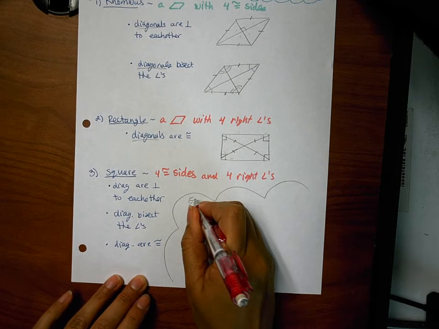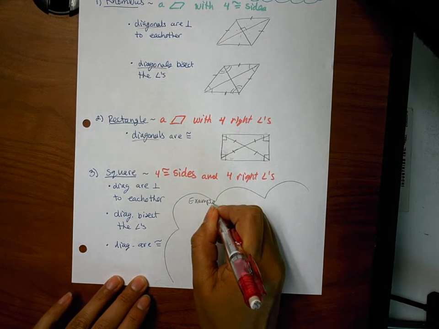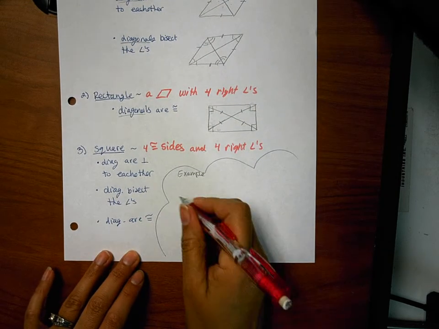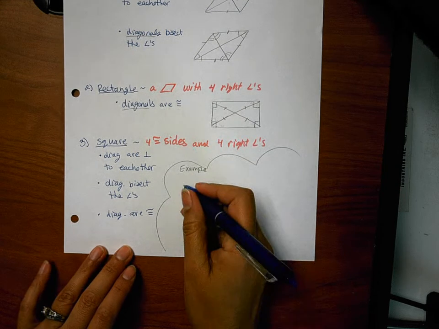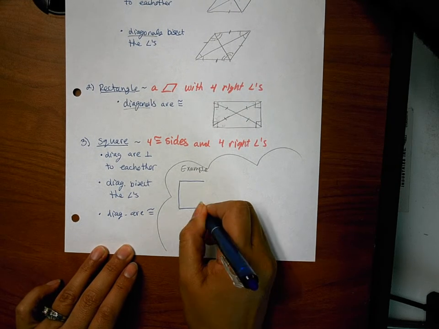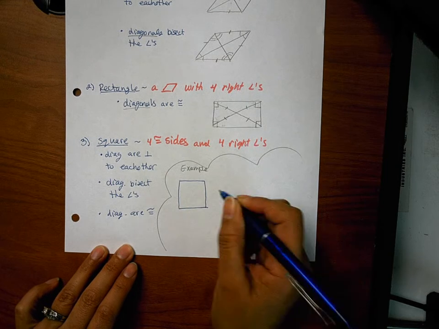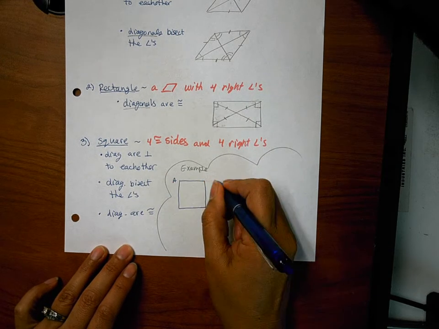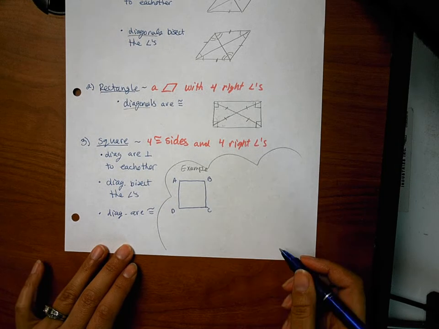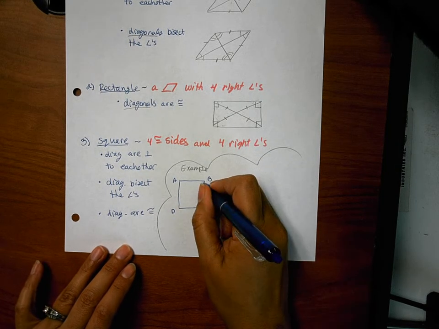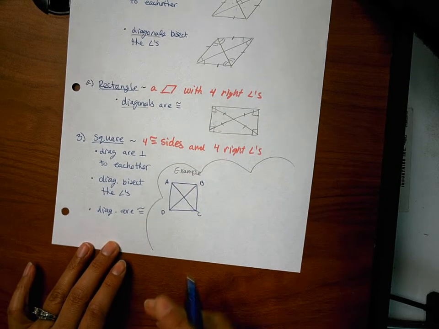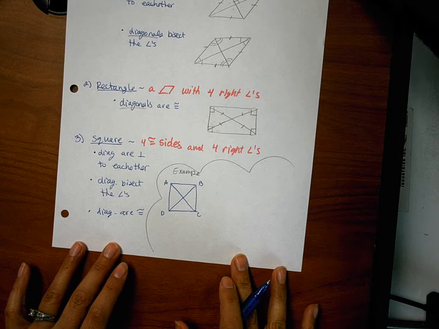All right. We are going to draw a picture, but we're going to do a little quick example with this picture. So I'm just going to put a little bubble here. Example. And let's draw our square. All right, so A, B, C, D, and I'm telling you this is a square.